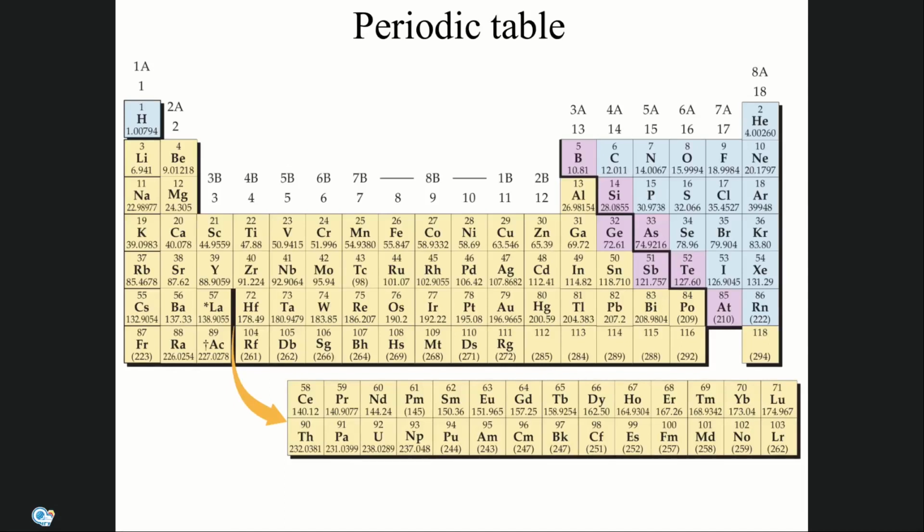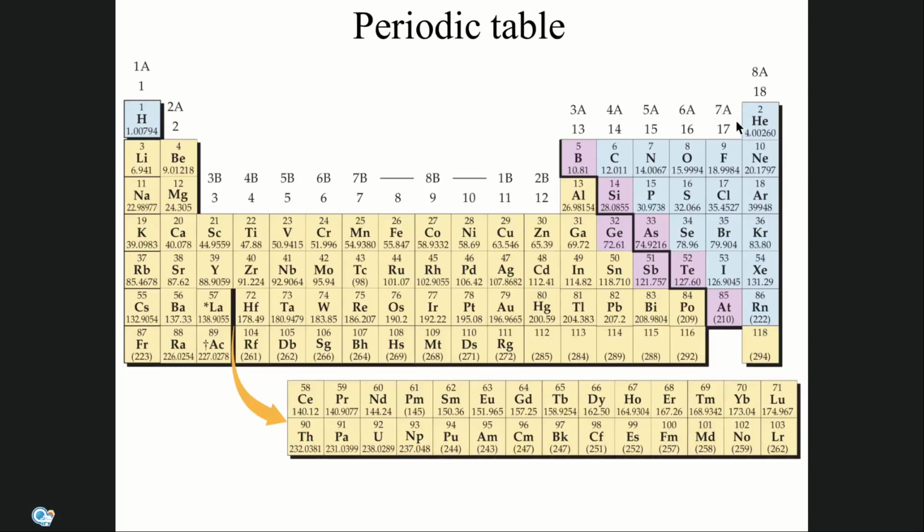Seventeen elements are non-metals. All are poor conductors of heat and electricity. 11 are gases at room temperature, 5 are brittle solids, and 1 is a liquid, bromine. Note the non-metals occur on the right side of the periodic table. In this variant of the periodic table, non-metals are blue. Hydrogen can also be on the right side if you write hydrogen here. So sometimes you can see it here.